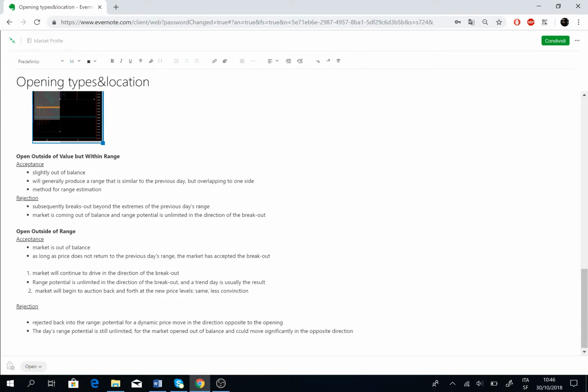Opening outside of value but within range and accepting the prices means that the market is slightly out of balance and will generally produce a range that is similar to the previous day but overlapping to one side. To understand how a market can move and where the targets of the day are, we can use the method for range estimation that we will see in another video.